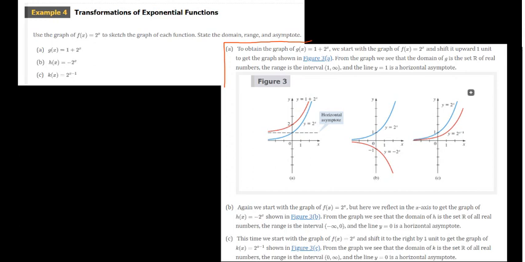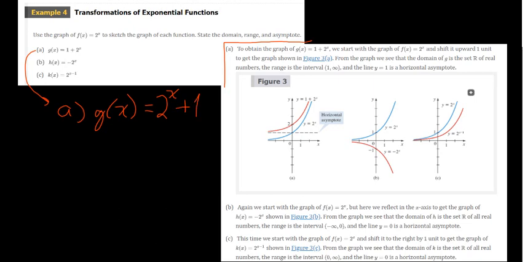Let's look at A real quick. It is g of x is equal to 1 plus 2 raised to the x power. If you recall, if we are adding or subtracting to the parent function, we can think of this as g of x is equal to the parent function, 2 raised to the x power, plus 1.